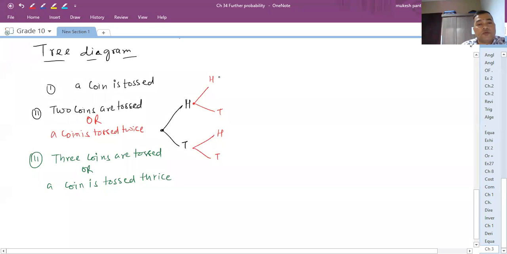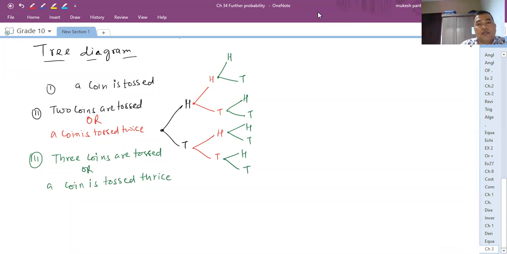Now we start from the second, because we have already done up to the second. If in the second this is head, it may be head or tail. Similarly here, if tail, head or tail. If this, head or tail. If this, the result is head or tail. Clear?